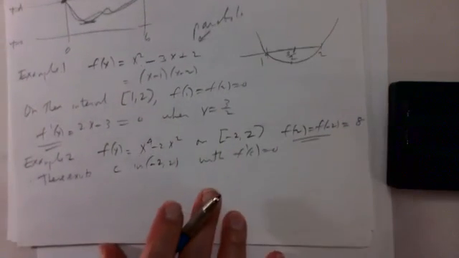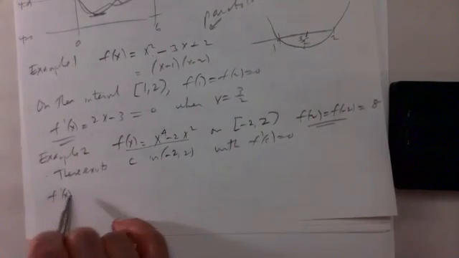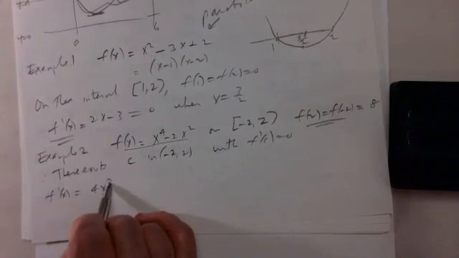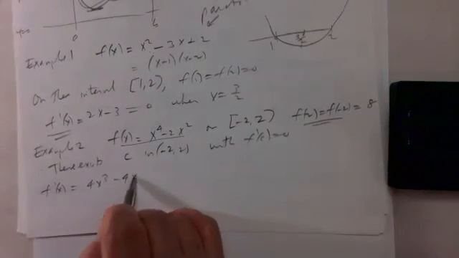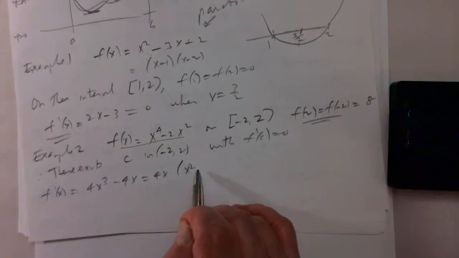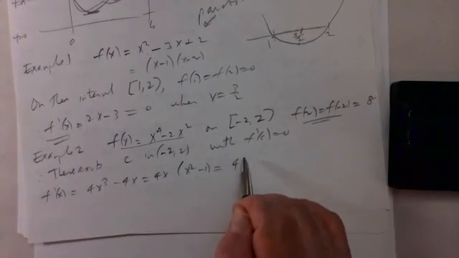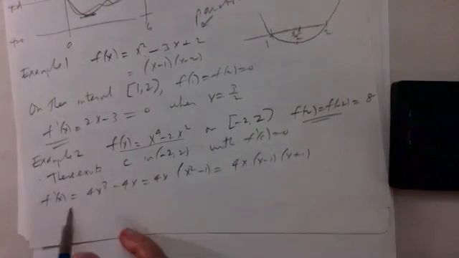Let's check. This is my function f of x. f prime of x is 4x cubed minus 4x. That's 4x times x squared minus 1. That's 4x times x minus 1 times x plus 1.